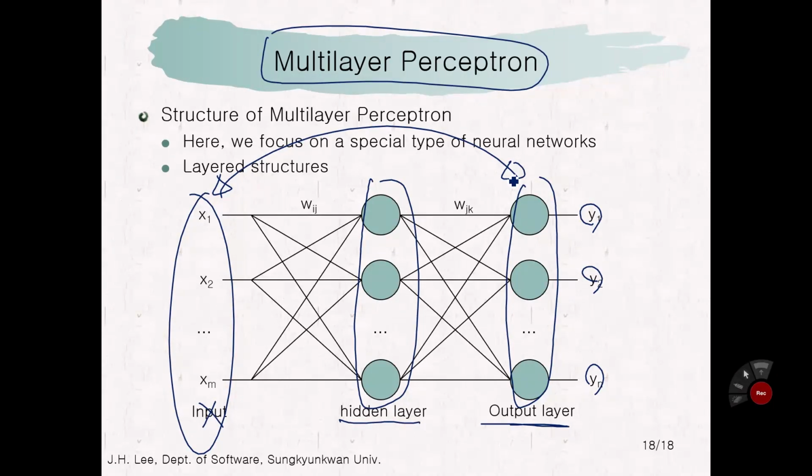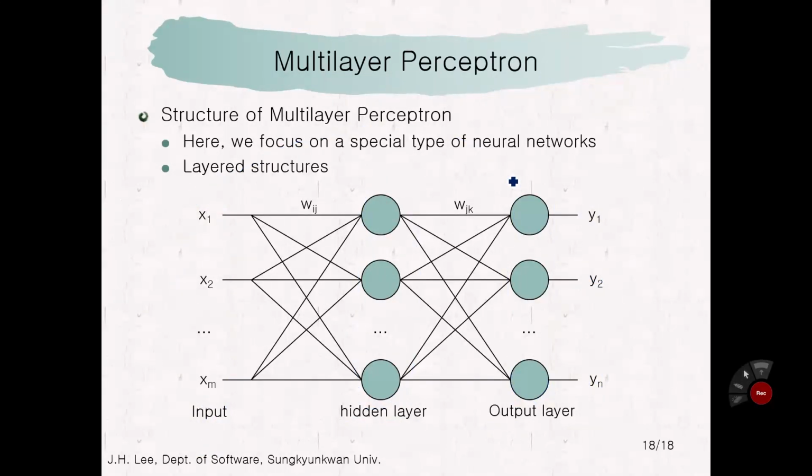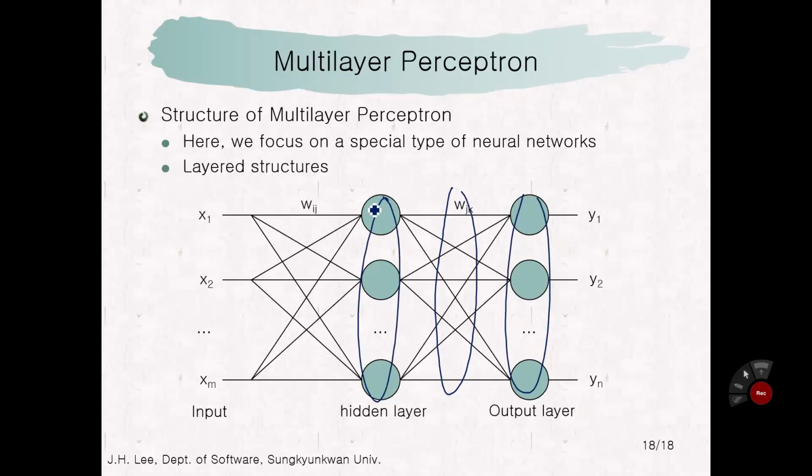So here, one hidden layer, one output layer. So it has two layers. Okay, this is not a three-layer structure. This is a two-layer structure. One hidden layer, one output layer. Then can we put down one more hidden layer like this? Yes, no problem. Then it is a 3-layer structure. 2 hidden and 1 output.